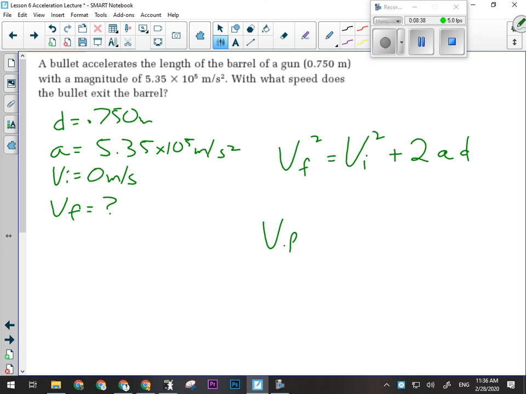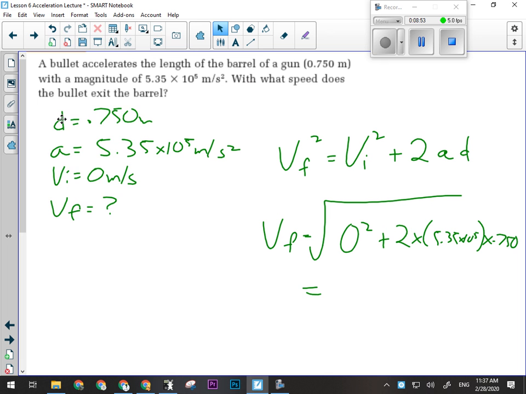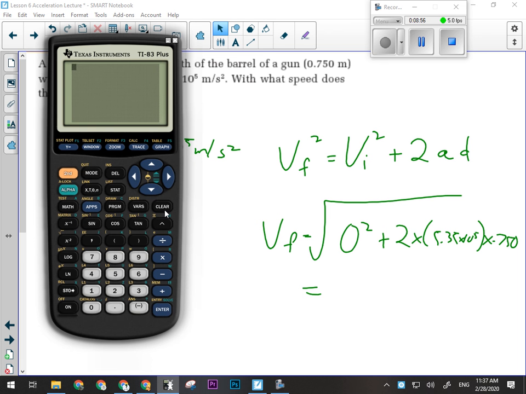So I'm going to have VF equals the square root of 0 squared plus 2 times 5.35 times 10 to the 5 times 0.750. I'm not going to put the 0 in because mathematically it doesn't matter. So, 2 times 5.35 times 10 to the power of 5 times 0.750.